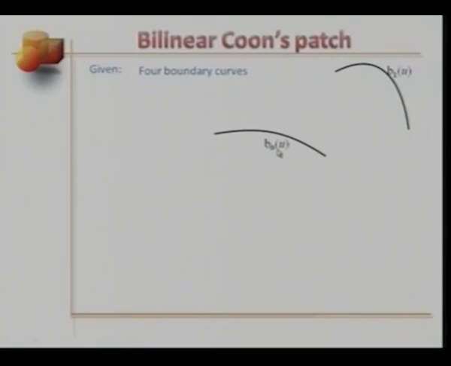This boundary curve here is denoted by b sub 0 function of u, b sub 1 function of u. We have 2 more. These are denoted by a sub 0 and a sub 1 as functions of v. This is the u parametric direction, and that is the v parametric direction.